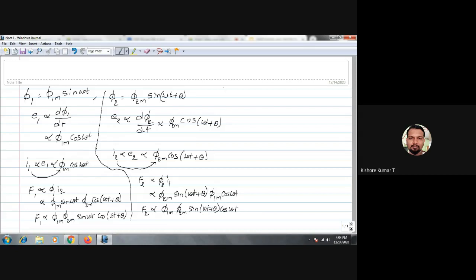Now the net amount of force which is set up will be given by F equal to F2 minus F1. So if you substitute that, phi 1m, phi 2m are the common parameters.